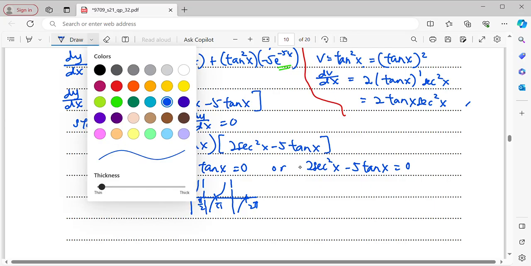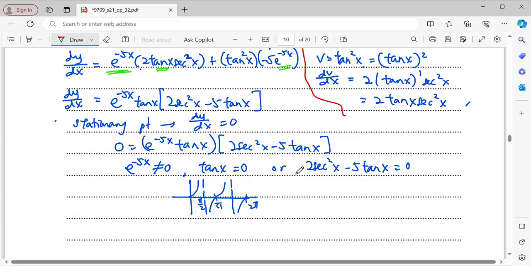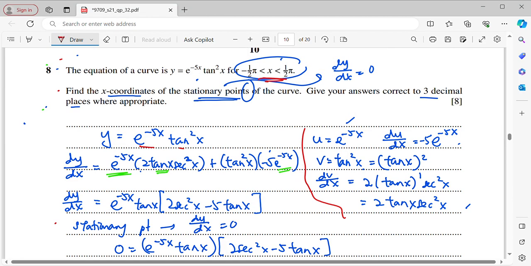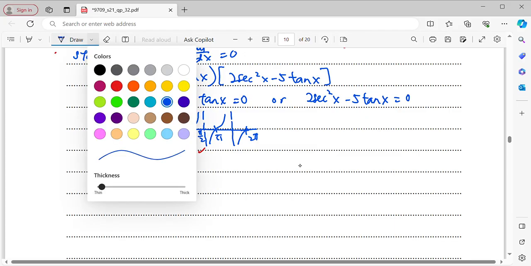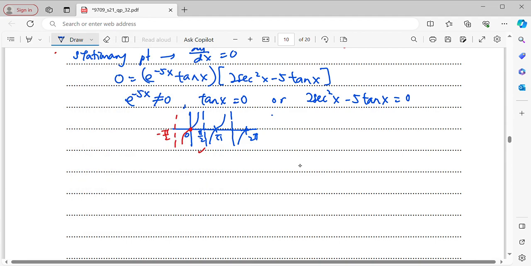Since your x is from minus half pi to half pi, we will just look at this part here. Obviously it will be just at 0. This is our 0. Therefore, x equals 0, because of the interval.